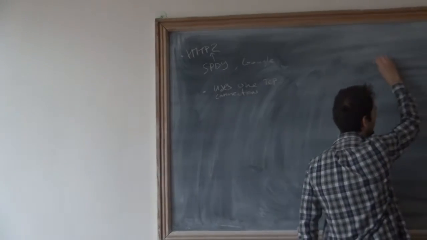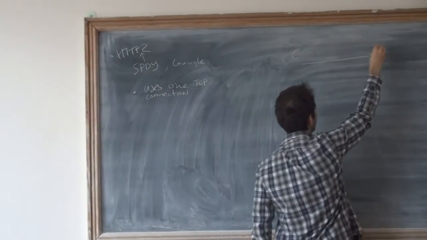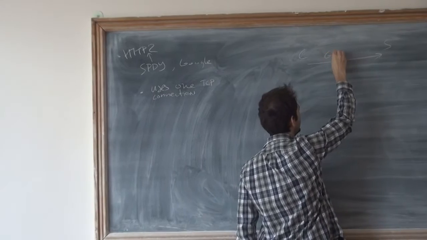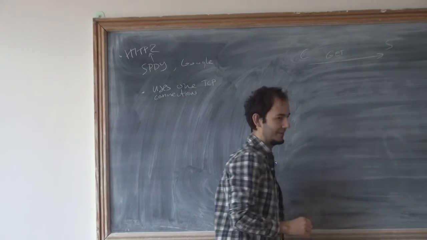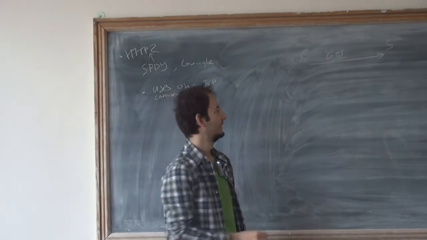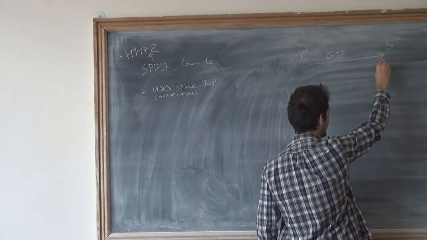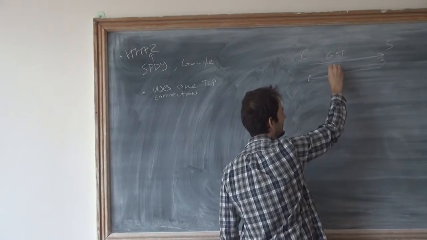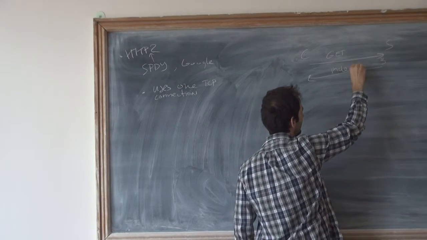So you know that if you're a client and you're a server, you send a GET request. The server processes it and sends you back a response. For example, this could be the index page.